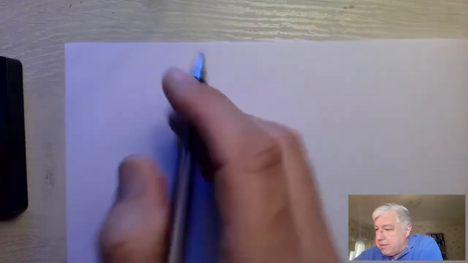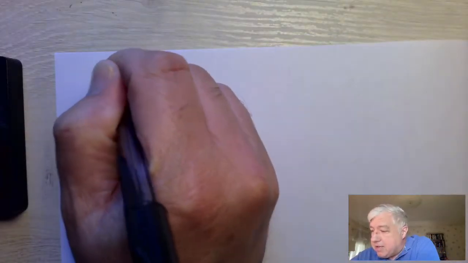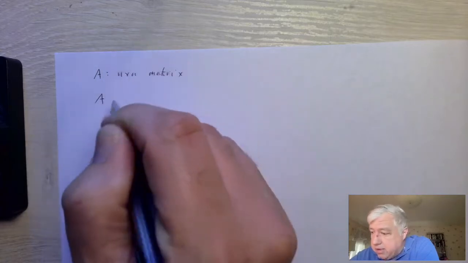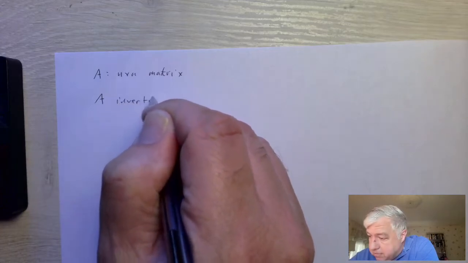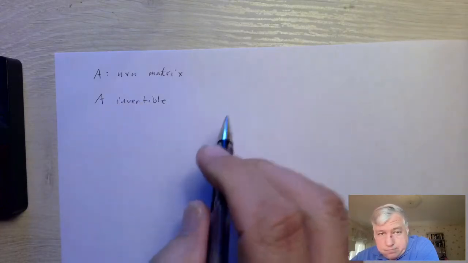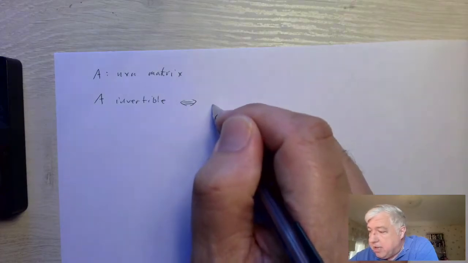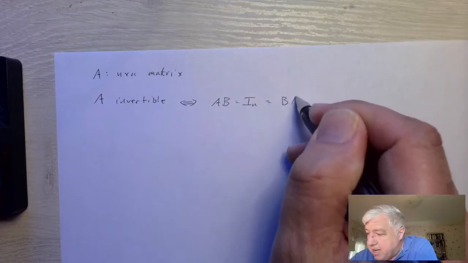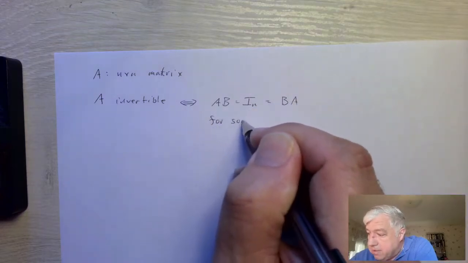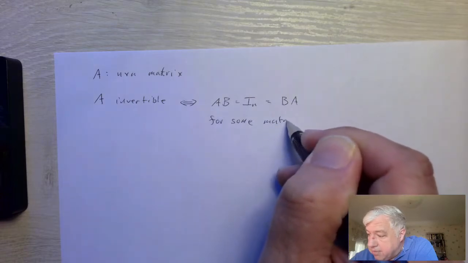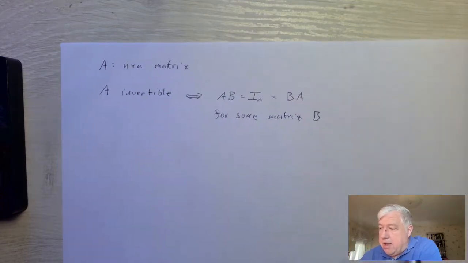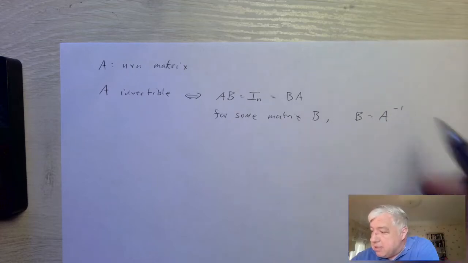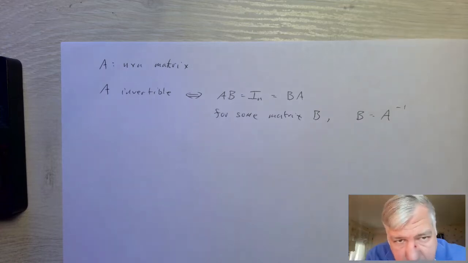Remember that if A is an n by n matrix, we said that A was invertible if and only if A times B is equal to the identity matrix, which is equal to B times A, for some matrix B. And we showed that the inverse was in fact unique, so we denote B as A to the minus 1, A inverse.